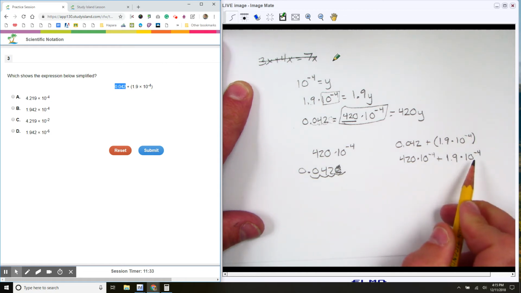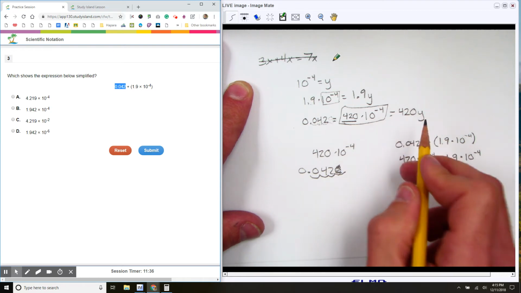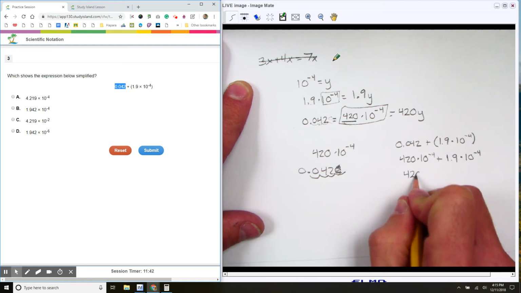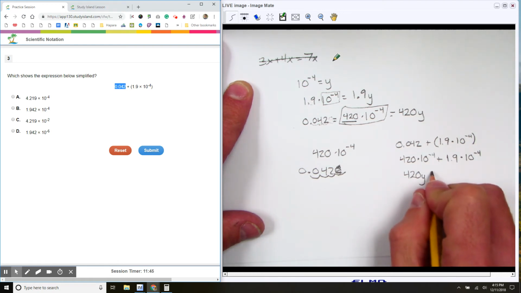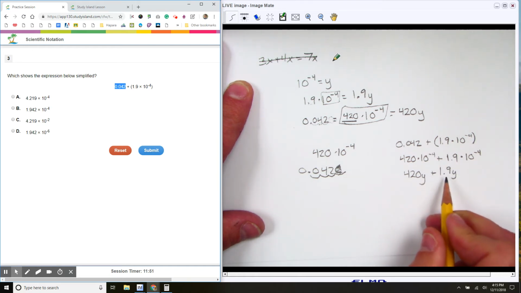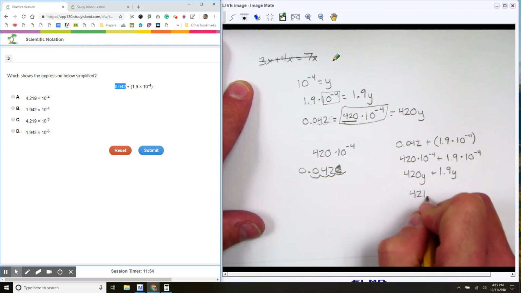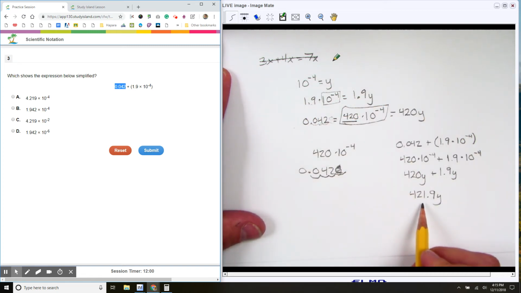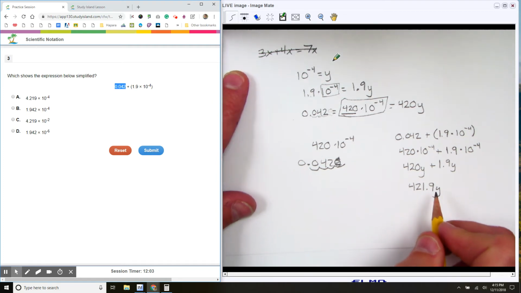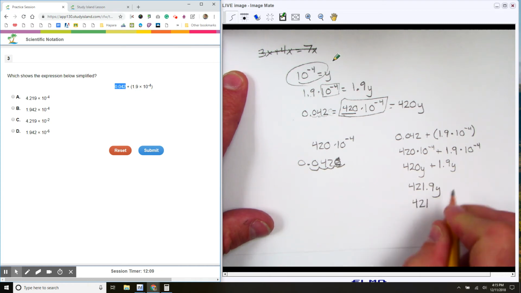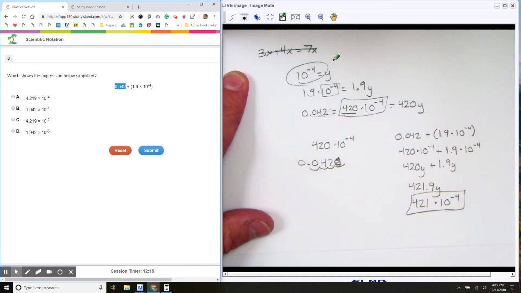Now if 10 to the negative fourth power was equal to a variable y, I can think of this as 420 times y, which we just write as 420y, plus 1.9 times y, which is 1.9y. So 420 y's plus 1.9 y's is 421.9 y's, just like if we added 3x and 4x to get 7x. But of course, we're not actually multiplying by y, we're multiplying by 10 to the negative fourth power. So I'm going to write this as 421.9 times 10 to the negative fourth power.